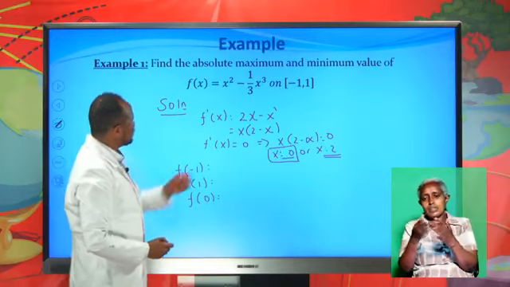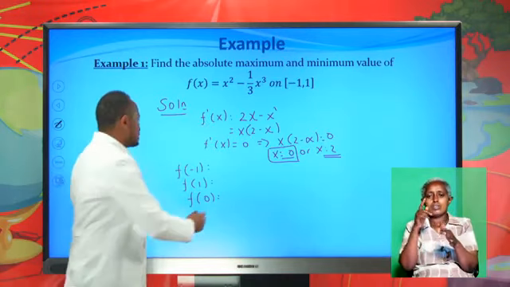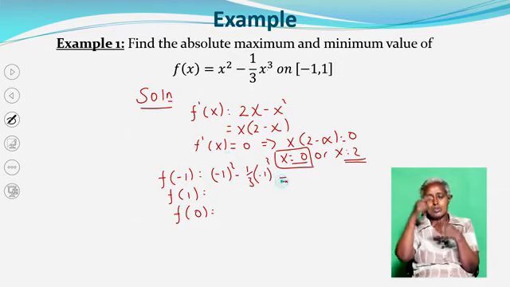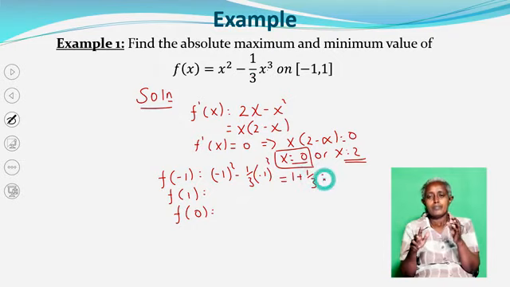Therefore, the functional value at -1 is -1 squared minus 1 over 3 times -1 cubed. So you will have -1 squared is positive 1, plus 1 over 3, which is 1 plus 1 over 3.